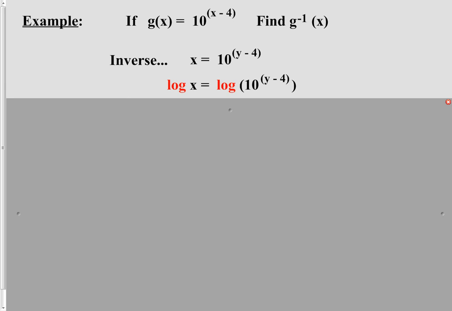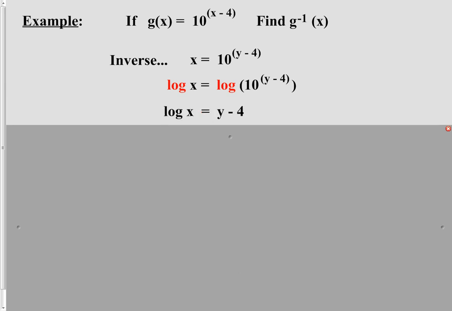Now we have log x on the left, and we have log of base 10 to the y minus 4 on the right. Now this helps us because over on the right side, logarithm and base 10 are natural enemies of each other. They will cancel each other out, and the exponent drops out of being an exponent and becomes the base itself, y minus 4.